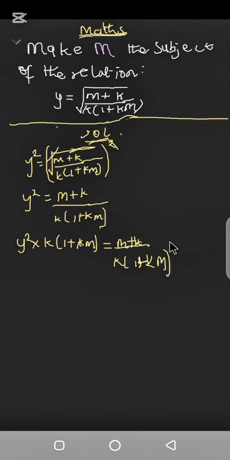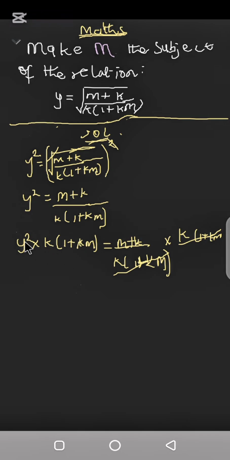And remember, you're multiplying it by k into (1 plus km). So you know what is going to happen when we do that. This k into (1 plus km) will eliminate this one here. So what we'll be having left is this and that.